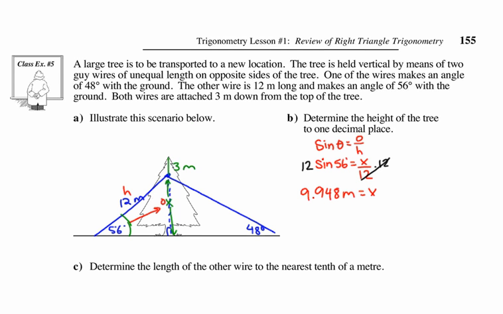And so what's the total height of the tree? Well, we need to add that 3 to it. So that would be 12.9 to the nearest tenth, meters is the tree height. 12.9 meters. Okay, so we know that this x here now is 9.9.